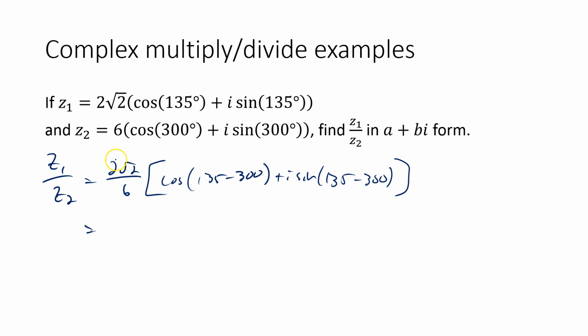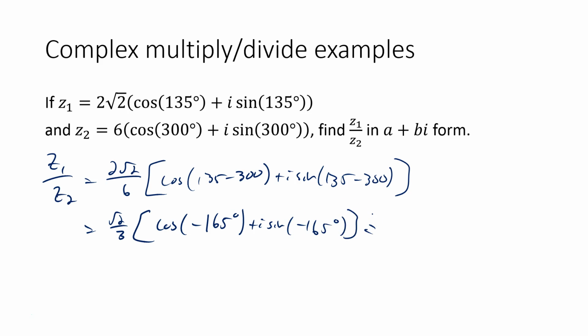So 2 root 2 over 6, that is root 2 over 3, times cosine of 135 minus 300, that's negative 165. That is not a happy number. All right, well, we'll do it. And then we have plus I sine of negative 165. So, got to grab a calculator for this one too. So we do cosine, make sure I'm in degree mode here.